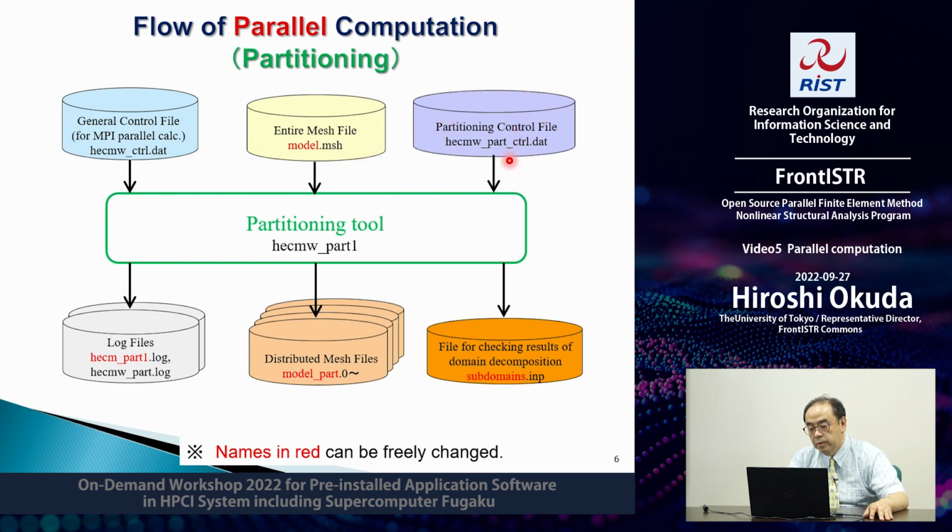This is the information about the partitioning. By using these three input files, if you run the partitioner, then you will obtain the subdivided mesh files, distributed mesh files. Okay.